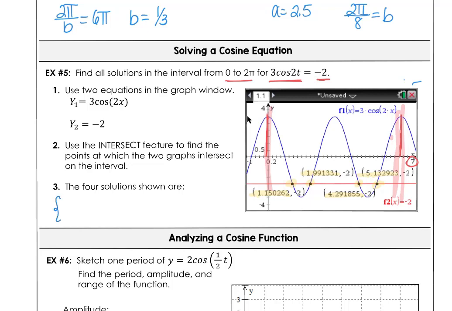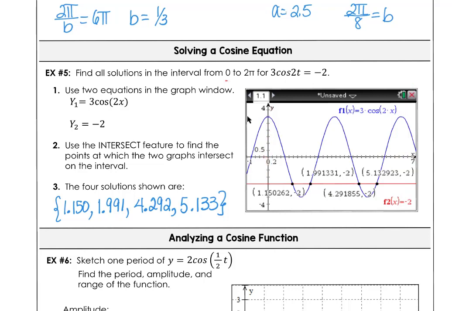So those 4 solutions are 1.150 and 1.991, 4.292, rounding up there, and 5.133. So these are the 4 places where our graph intersects between 0 and 2 pi. And then I'm going to erase that so you have a nice clean picture of that.